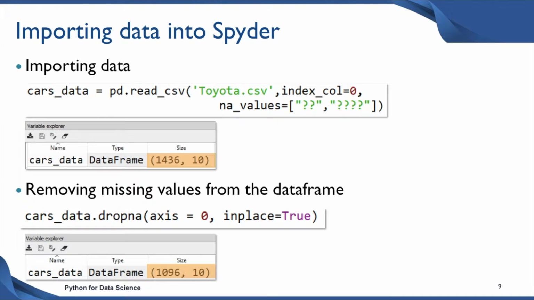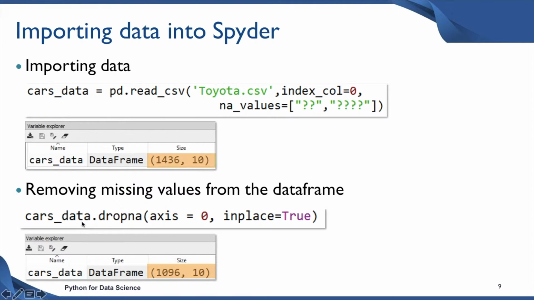So here we have already seen the importing of the data in our previous lecture, right? So we have taken Toyota.csv, right? This data set consists of 1436 rows and 10 columns, right?